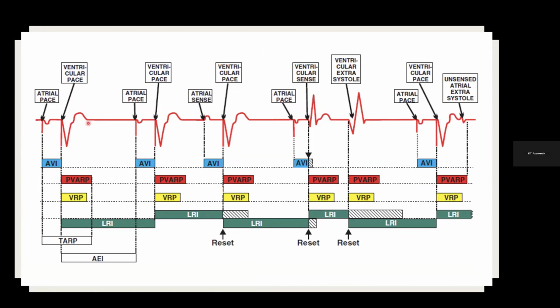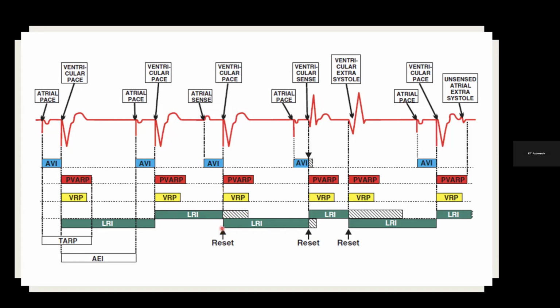Now, over here, you realize that the intrinsic atrial activity occurred before the lower rate interval elapsed. So you realize that this lower rate interval is shorter. And if you had gone to the end, this is where it would have ended. Because now at this point it has fired, the clock restarts, it resets.